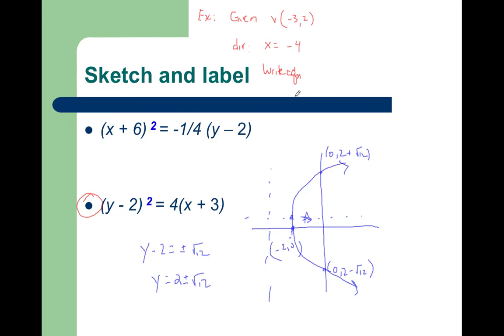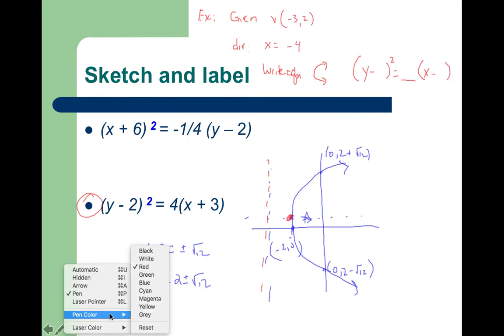Well, you say to yourself, -3, 2 is in the second quadrant. The directrix x equals -4 is behind it. Therefore, this must be a righty-lefty. And to be a righty-lefty, I have a y group squared is equal to 4p x group.